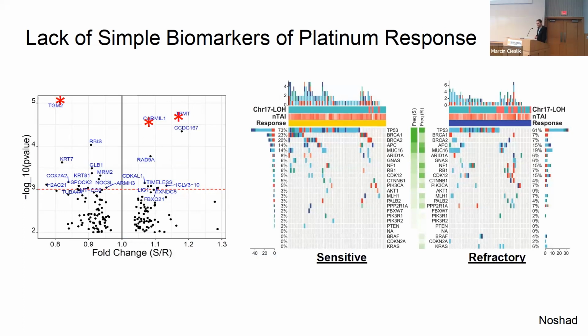As you can see, only 3 proteins here are highlighted, and these are the only 3 proteins which marginally were validated in validation cohorts. This was not enough to build a robust biomarker. We also looked obviously at the genomic data, tallying all of the mutations, and seeing whether certain mutations are enriched in one group versus another. And also, unsurprisingly, we found no difference.